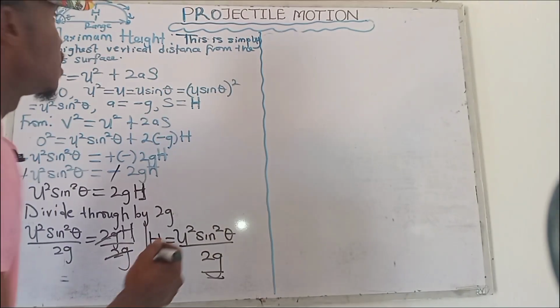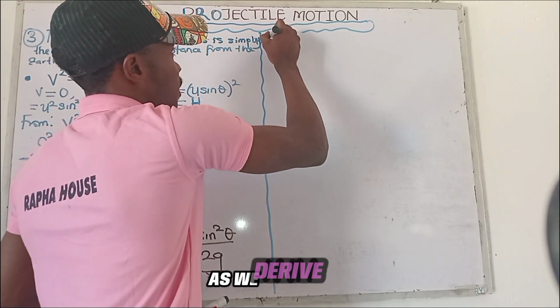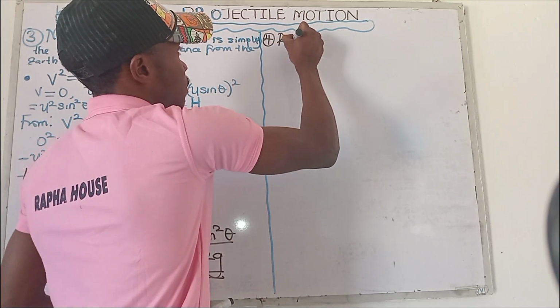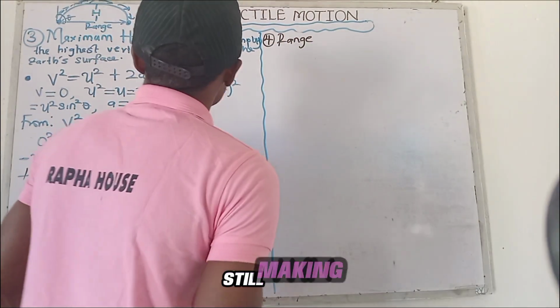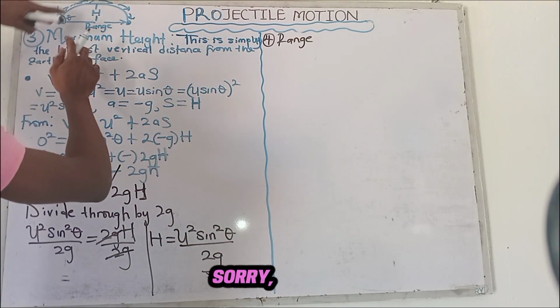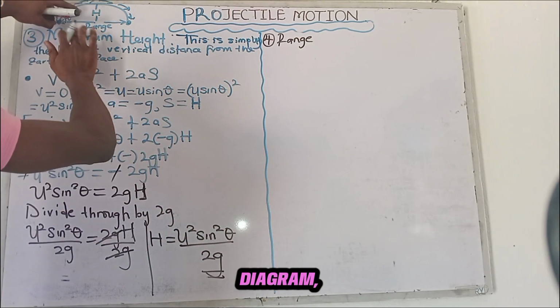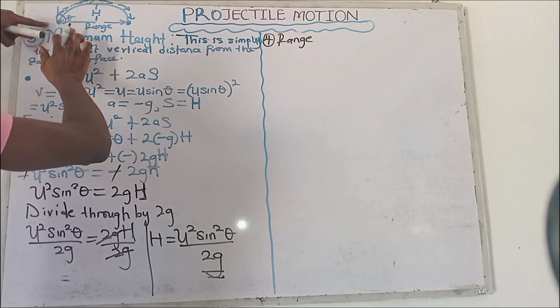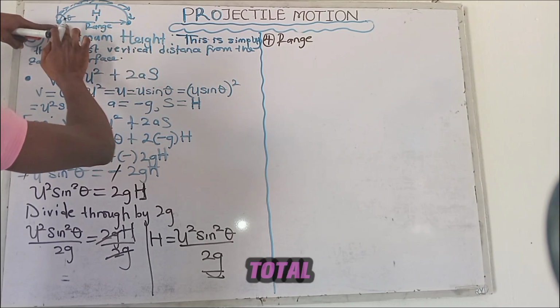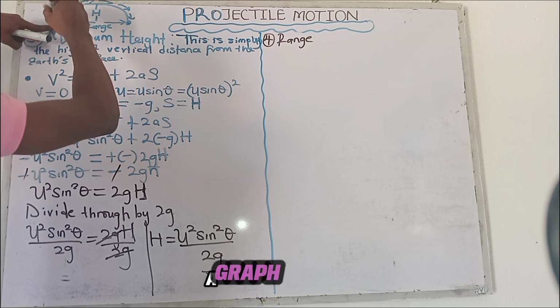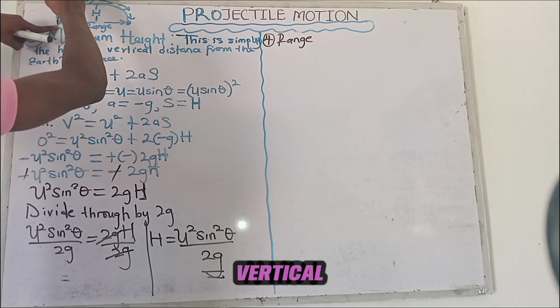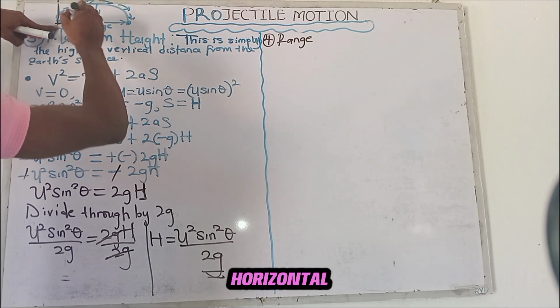Very quickly, let's step to the other side of the board as we derive for range. Still making reference to this diagram, you can see that our range is the horizontal distance, the total horizontal distance. A graph has 2 dimensions, the vertical dimension and then the horizontal dimension.